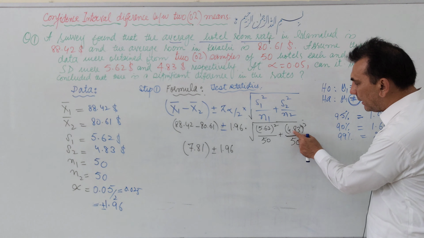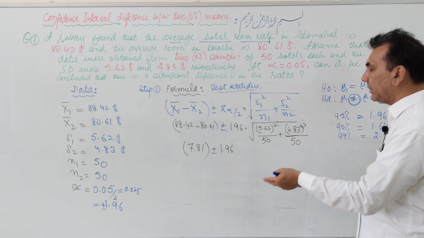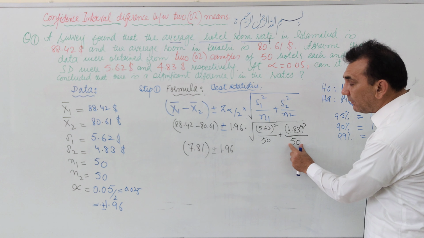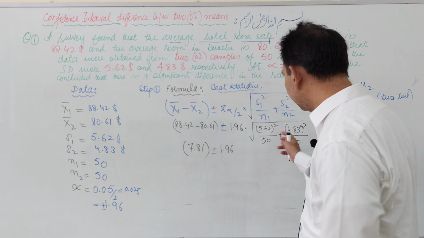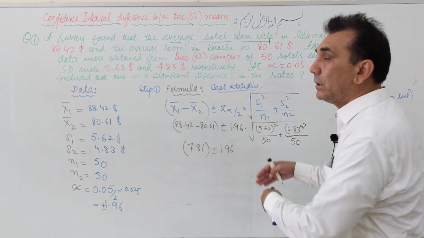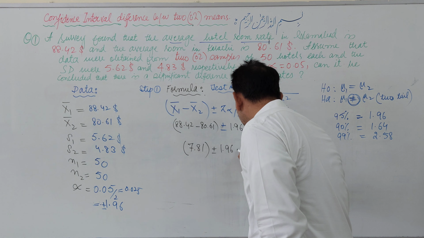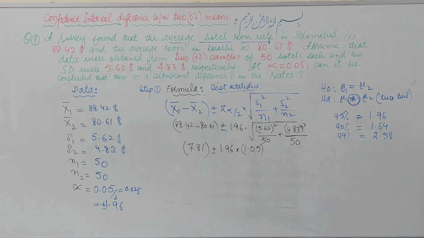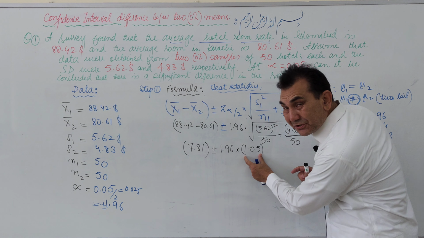The same we do here: we square 4.83, multiply 4.83 by 4.83, and divide the result by 50. After dividing by 50, we take the square root of that result. It will come up around 1.05. This 1.05 is the standard error.